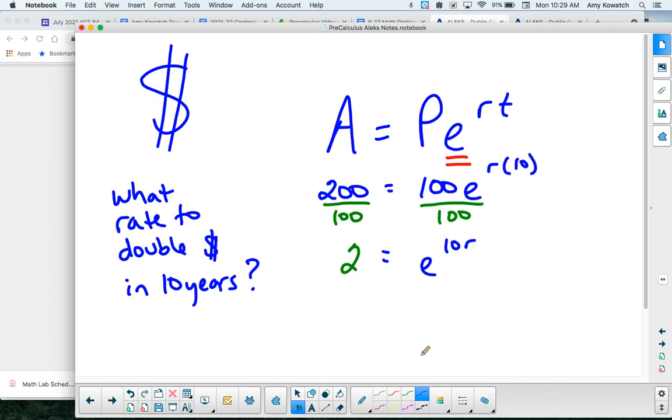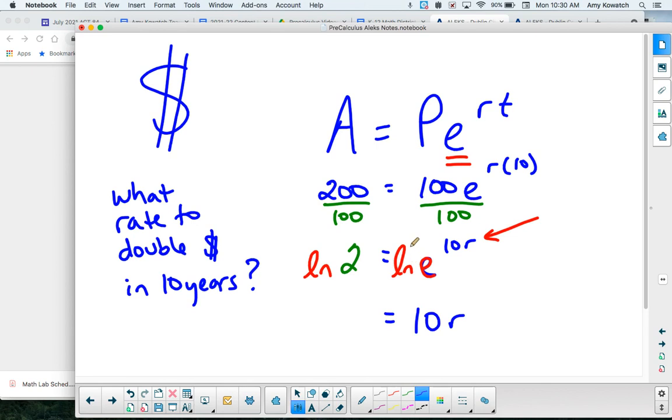And when you have an exponent that you're trying to solve for up high, you want to take the log of both sides. It's best to use the same base that they're using here. So I'm going to do the ln of both sides. And there's a property that says these two undo each other like inverses do. And then you will be left with just 10r.